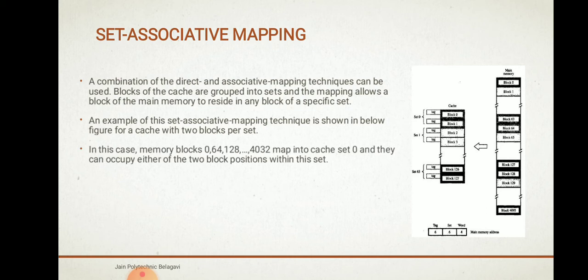Now in this case you can see memory blocks 0, 64, 128. Block number 0, if we use direct mapping, should go to block 0 mod 128, which means block 0.